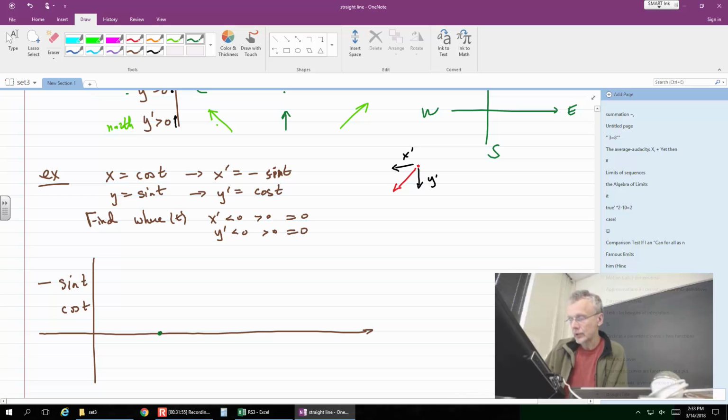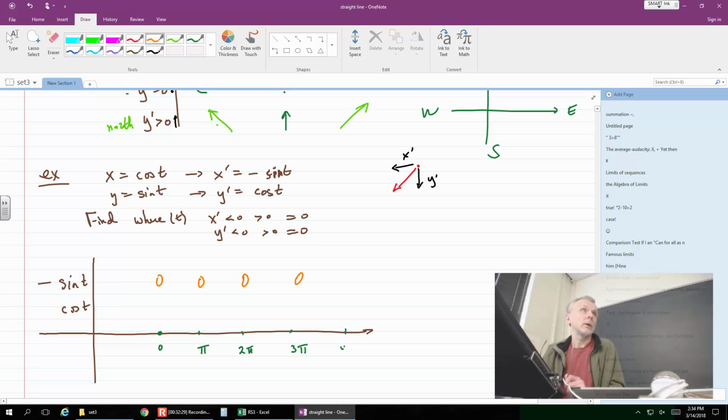So it will be 0, pi, 2 pi, 3 pi, and so on. Hold on a second. Let's go with sine. We need to see where sine is equal to 0. Sine is equal to 0 at 0. Next time it is equal to 0 at pi. At 2 pi and 3 pi, it's all 0.